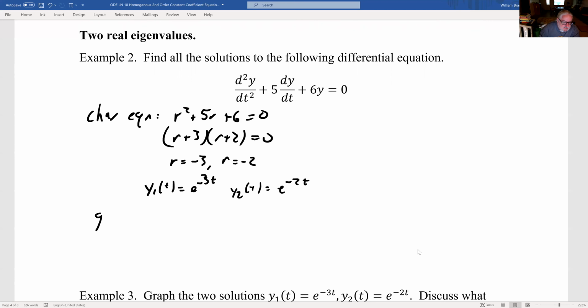And the general solution is a combination of those 2. K1 and K2 are constants.